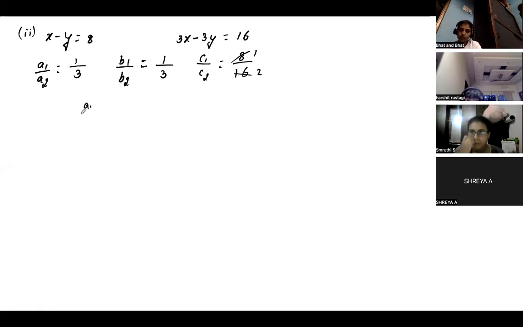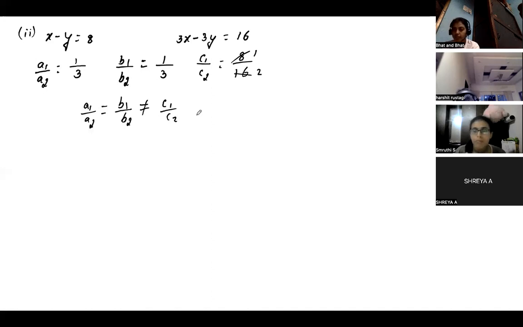So a1 by a2 is equal to b1 by b2, which is not equal to c1 by c2. So these are parallel lines, which are inconsistent, with no solution. You just have to write the equations are parallel to each other and have no solutions.